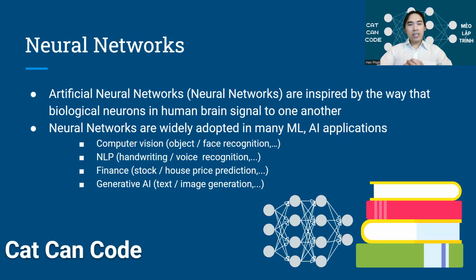Okay, so let's talk about neural networks. Neural network is one of the main and common techniques in AI that are employed extensively recently in many different areas. So what is this thing? Neural networks, or artificial neural networks, are inspired by the way that biological neurons in the human brain signal to one another.